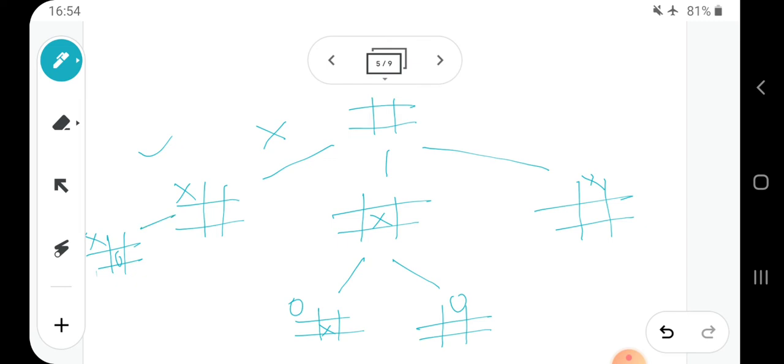So this is one option, another one, another one, since X is here, this is one option, this is the third option, another one, since this is one unique position, and the fifth one.